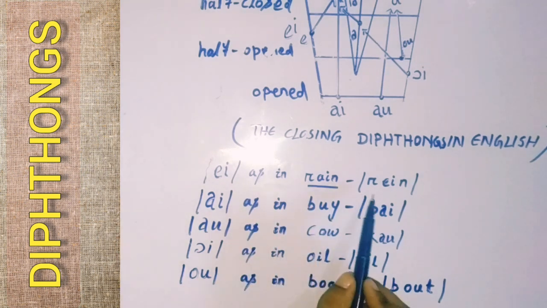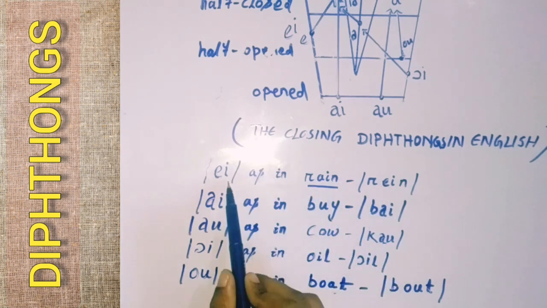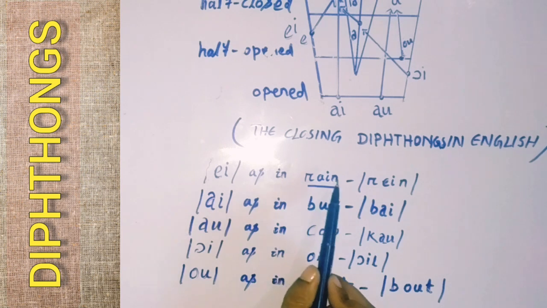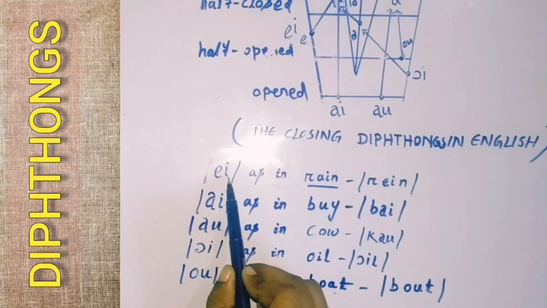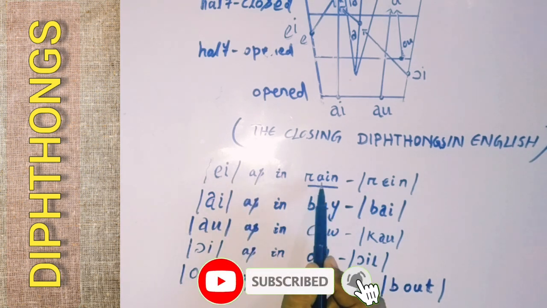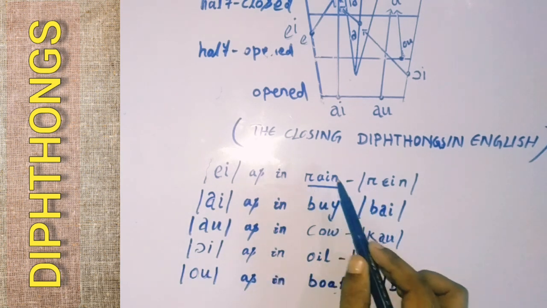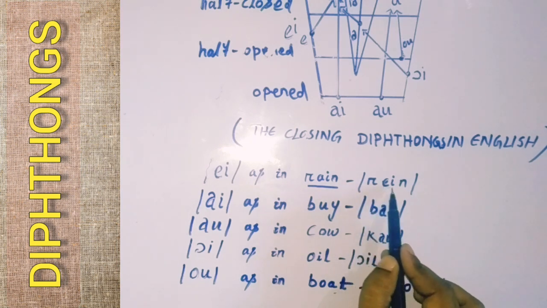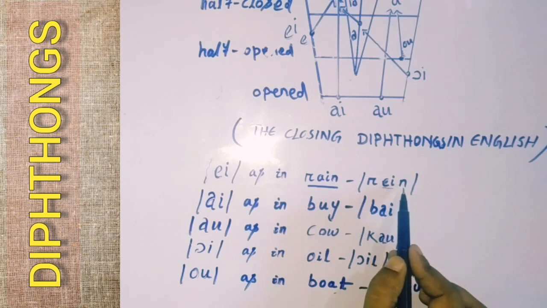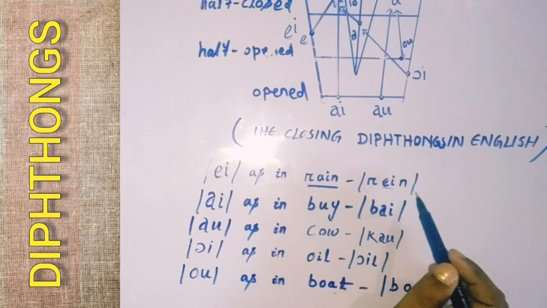I have written this to make you clearly understand the use of these gliding vowels in English words. So let's see the gliding vowel /eɪ/ as in the English word rain. The phonetic transcription of this word rain is /reɪn/, put between two bars.